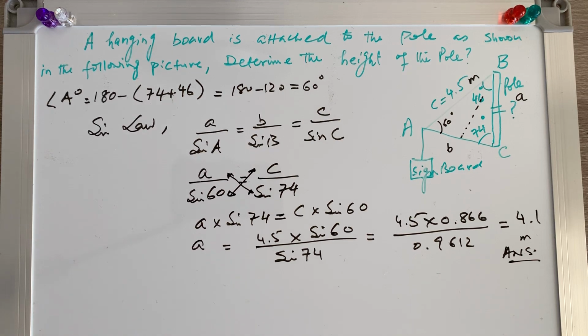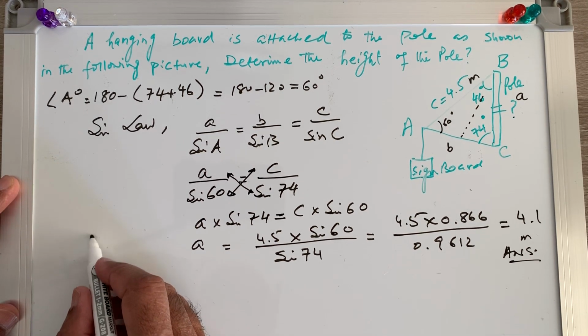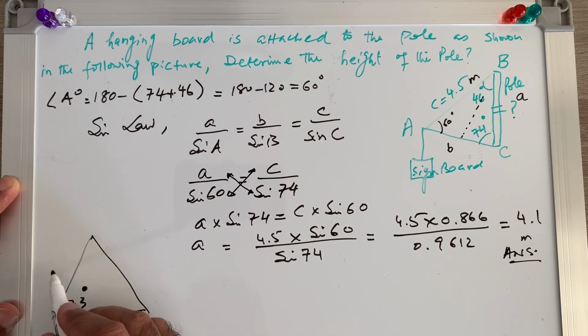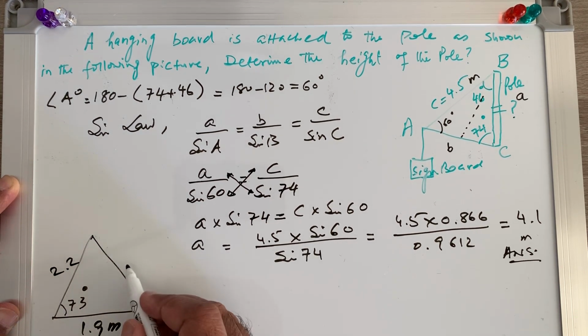If we have another question like this, this is my triangle, let's say, and this time I have 73 degrees, and this side is 2.2 meters, this side is 1.9 meters, and I have to find this side.